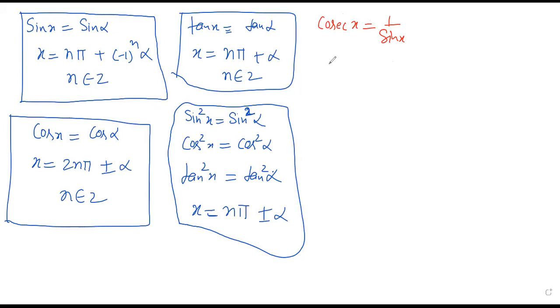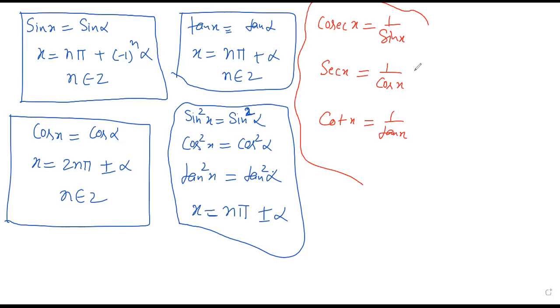If the question says sec x equal to sec alpha, then the solution is the same as for cos. If the question says cot x equal to cot alpha, you will convert it into tan x. So all the things you can do like that. Okay, so this is the general solution concept, which I have explained to you.